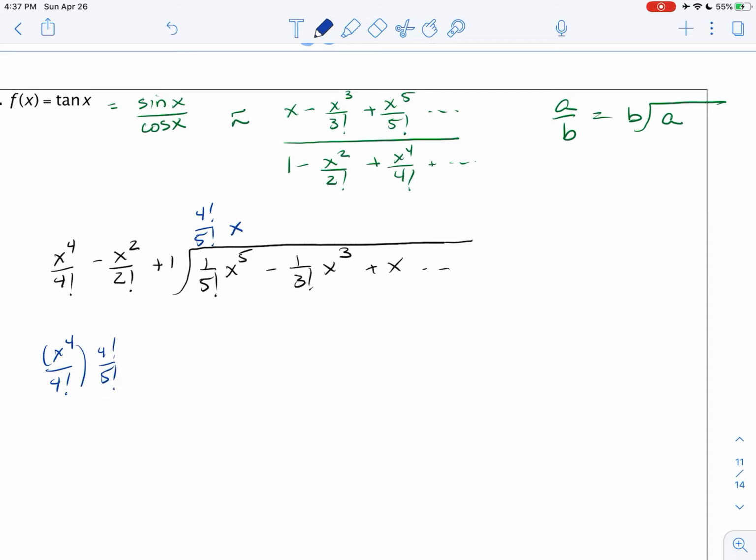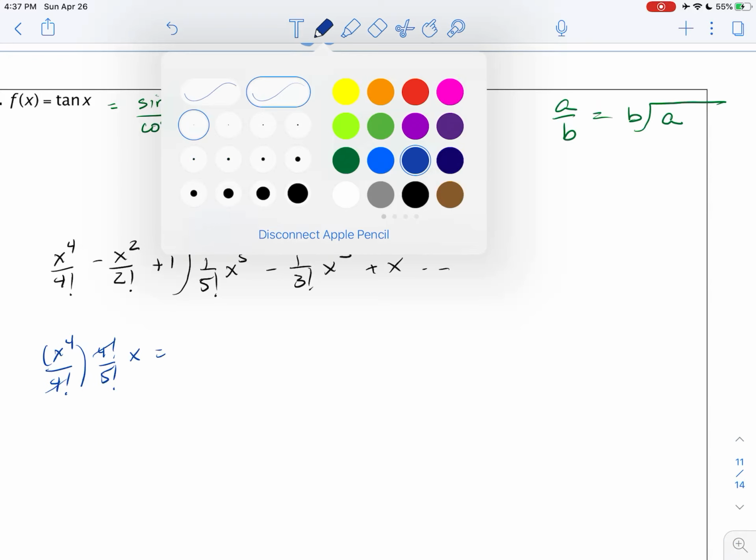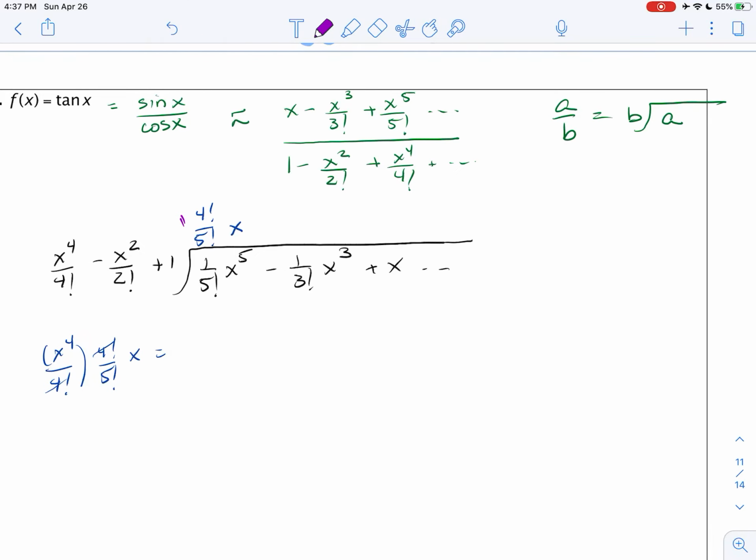If I did that, my x to the 4th over 4 factorial times 4 factorial over 5 factorial times x is going to give me my x to the 5th over 5 factorial. So what does this actually equal? 4 factorial divided by 5 factorial gives me 1/5, right? So that's going to be my very first term.